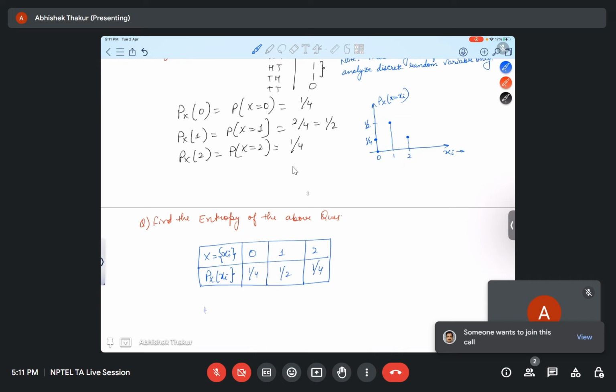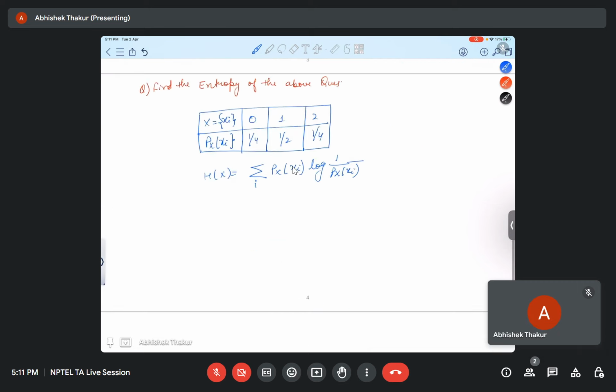Now entropy H(X) is equal to summation over i of P(xi) into log 1 by P(xi). So we'll put all the values. So P(xi) is 1 by 4 log 1 divided by 1 by 4, plus 1 by 2 log 1 divided by 1 by 2, plus 1 by 4 log 1 by 1 by 4. Here the base of log is 2.